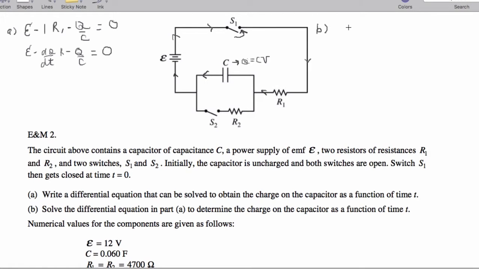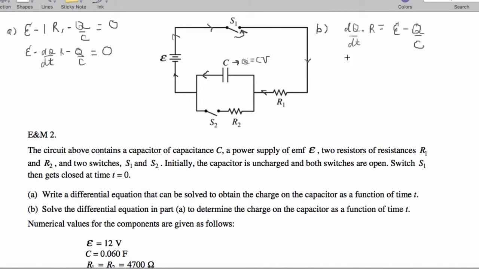So we are in fact going to isolate some things. So we're going to say that dQ/dt times R equals EMF minus Q over C.